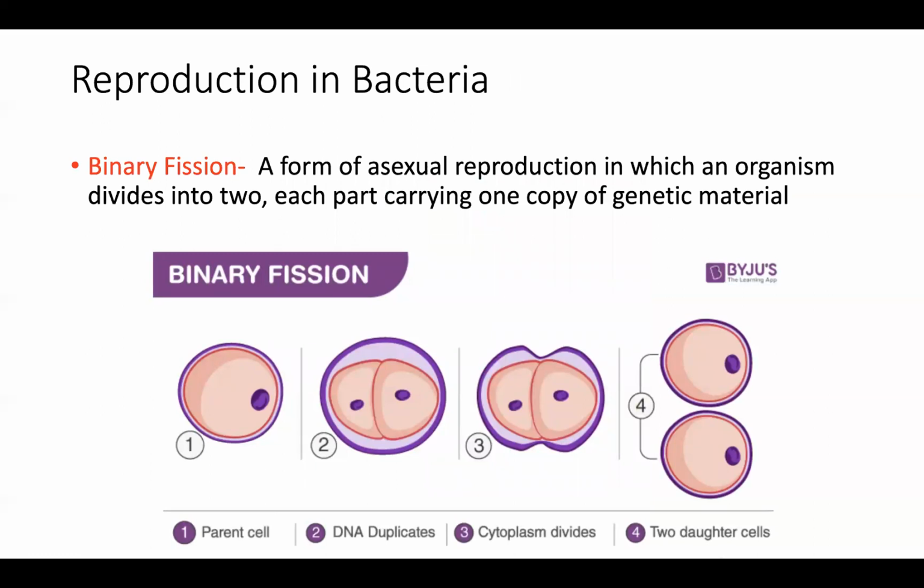Reproduction of bacteria. You've probably discussed this a little bit before, but the process is known as binary fission. Jot this down. Binary fission is a form of asexual reproduction in which an organism divides into 2, each part carrying 1 copy of genetic material.